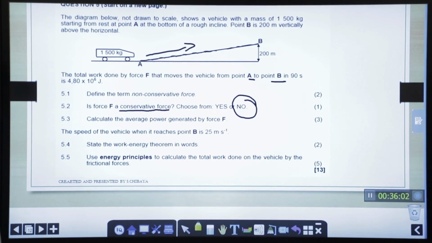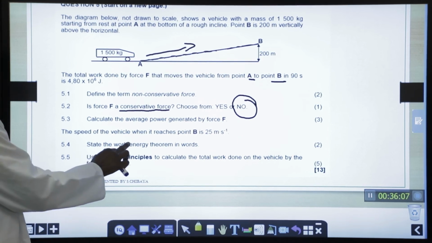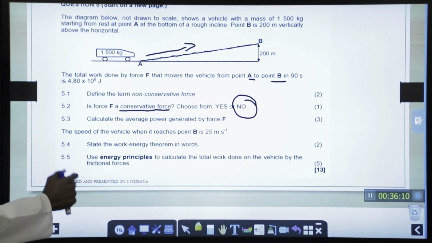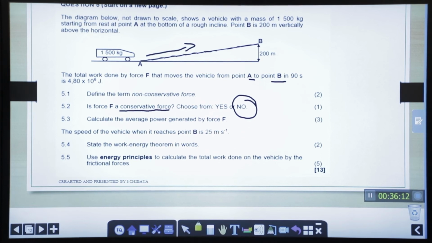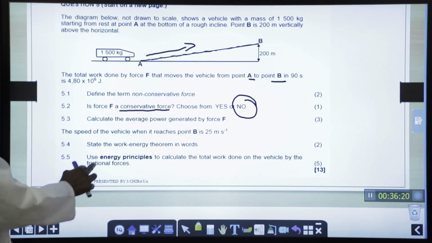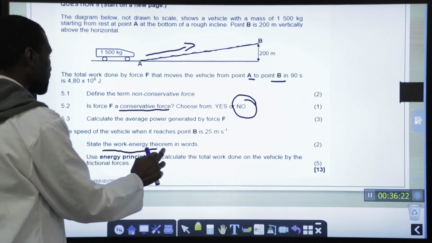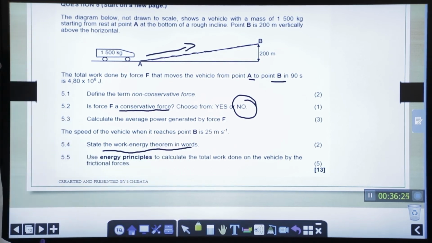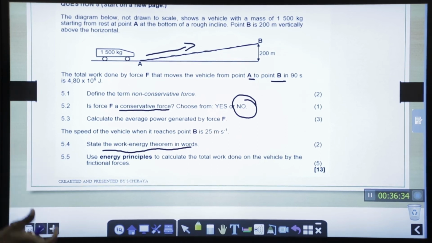All right, so the question then says, the speed of the velocity of the vehicle when it reaches point B is 25 meters per second. All right? State the work energy theorem. Okay? Our work energy theorem states that the work done by an object, all right, is equal to change in kinetic energy.